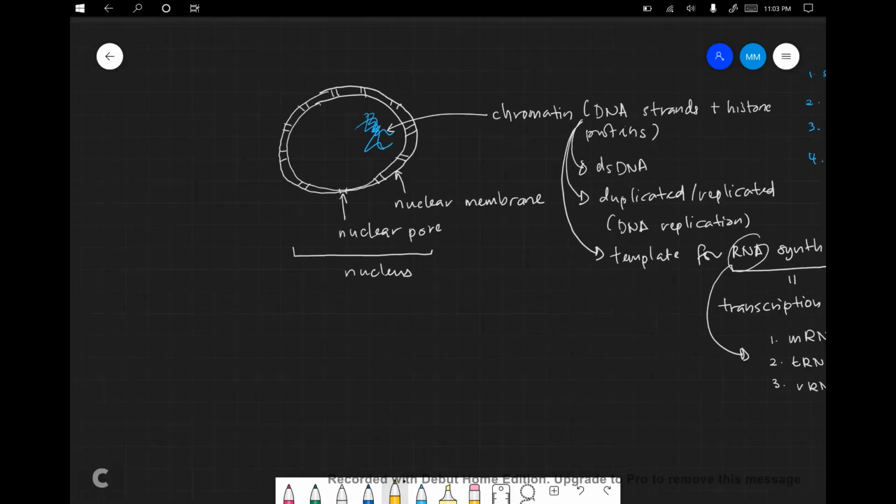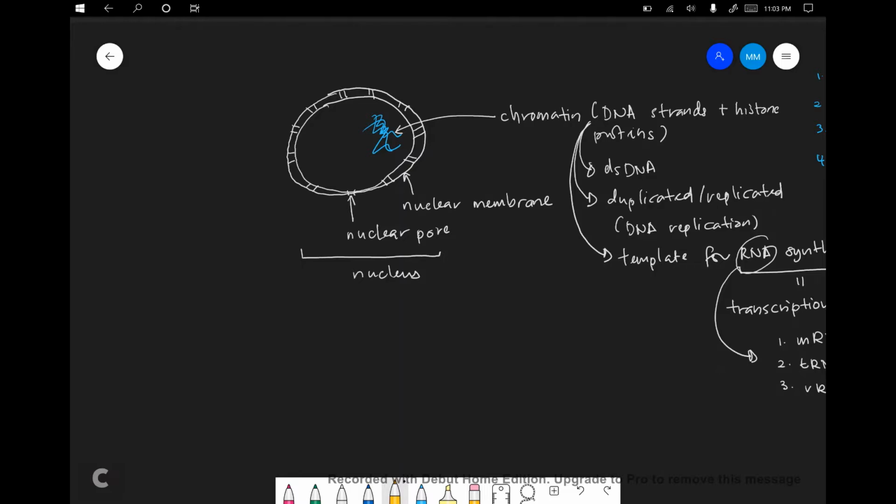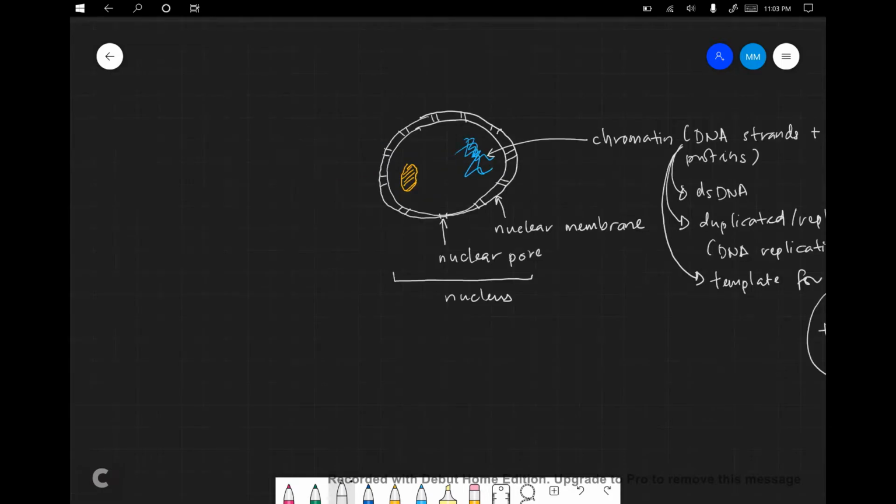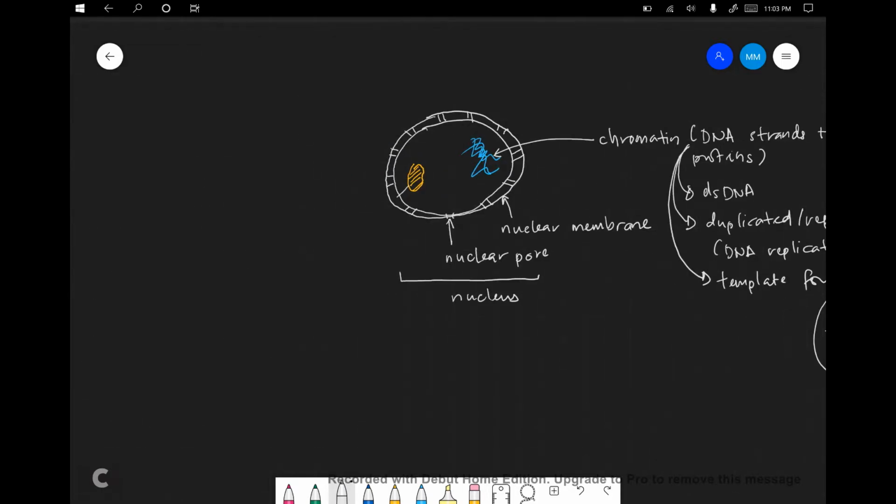Next, what else can we find inside our nucleus? We will be able to see another structure, prominent structure known as nucleolus. So this is the nucleolus, right? So what is the function of nucleolus? The function is actually the site for ribosomal RNA transcription.